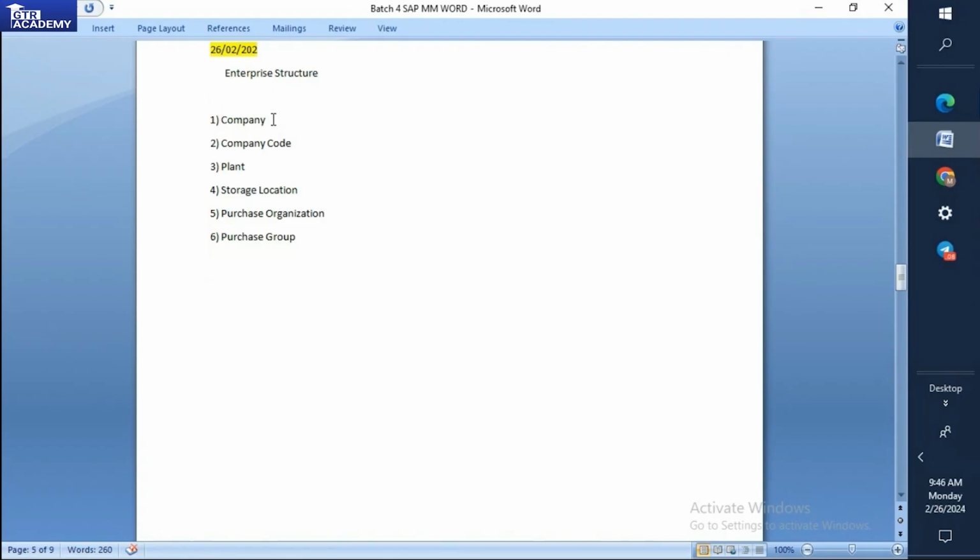It is the highest level in a SAP system, where all the data will be maintained at the company or client level. Whatever data we maintain at the company or client level will be applicable to all the levels below it, for example company code, plant, storage location, purchase organization, purchase group. Whatever we maintain in the master data at the company level will be applicable to all the other organizational units as well.